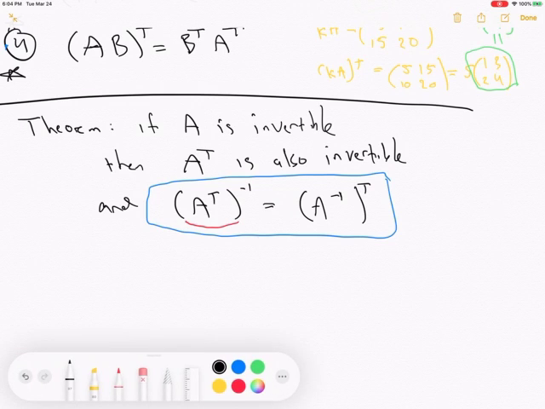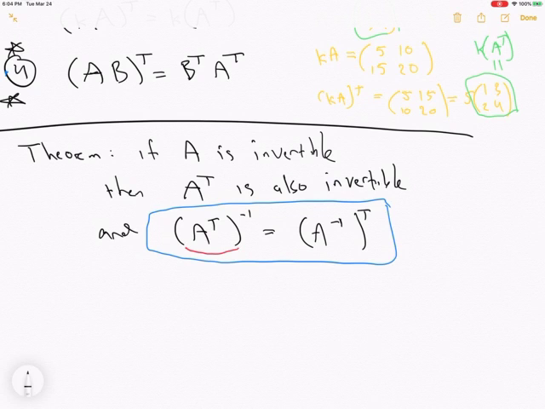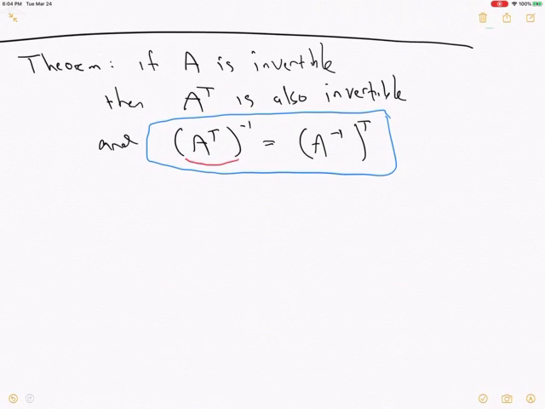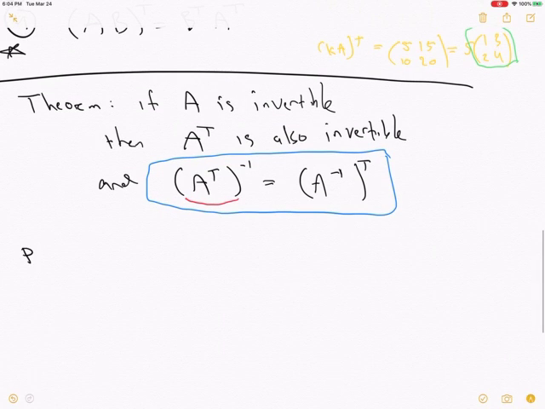And, I mean, we can even prove it. The proof basically just comes down from property 4 here. So, proof is very easy. Proof, assume A is invertible.